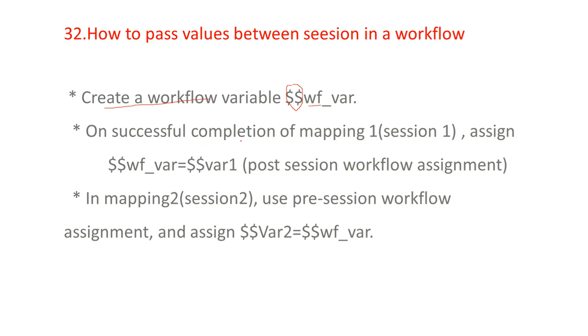On successful completion of the mapping session 1, assign this workflow variable equal to variable 1 in the post-session workflow assignment. In session 2, use the pre-session workflow assignment and assign variable 2 the workflow variable. Like that we will pass the values between sessions in a workflow.